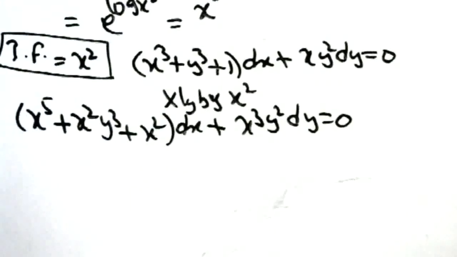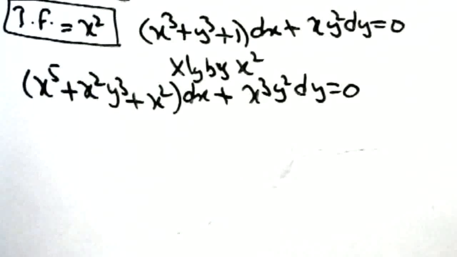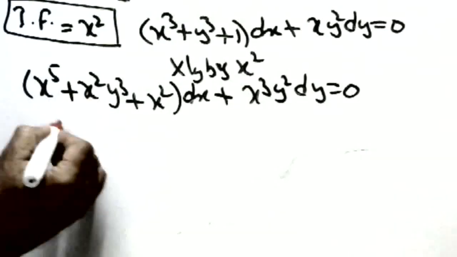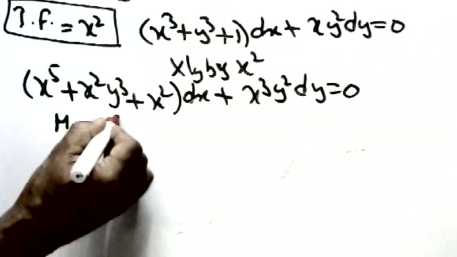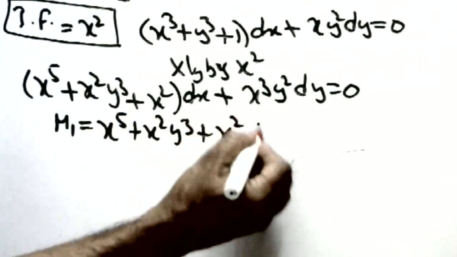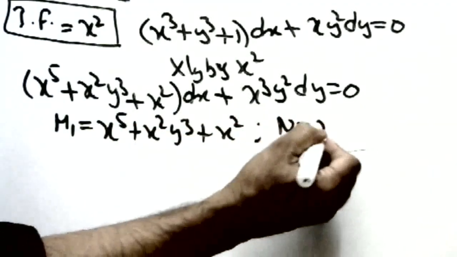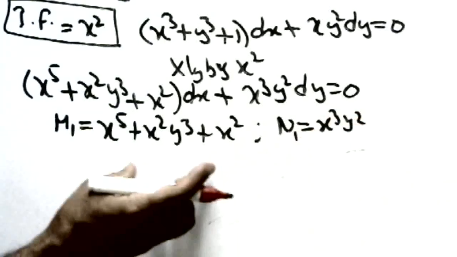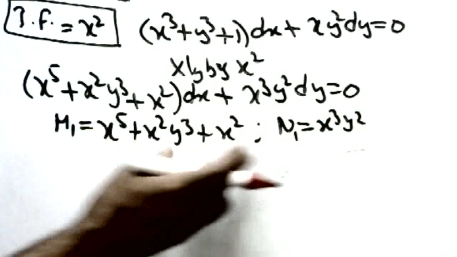It is not necessary to show that it has changed; we can show it or we can leave the step. Now let me consider this as M1: x power 5 plus x square y cube plus x square. Now consider this as N1: x cube y square. The question is so easy.